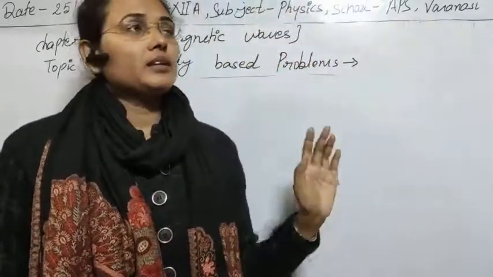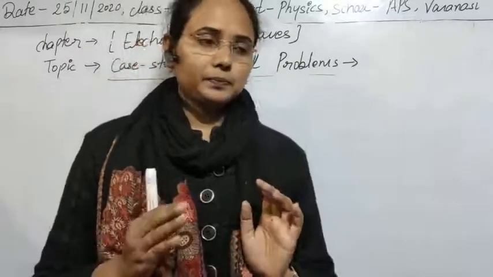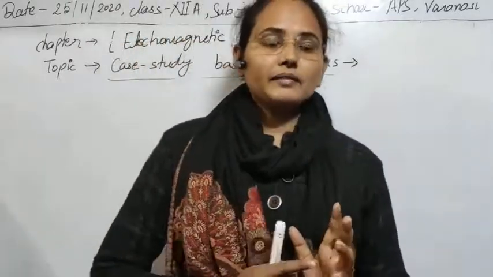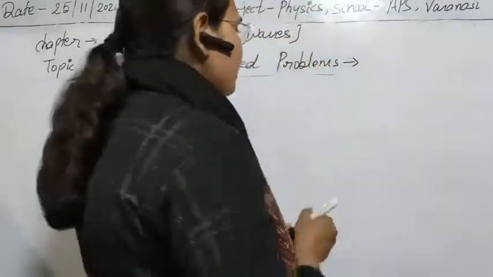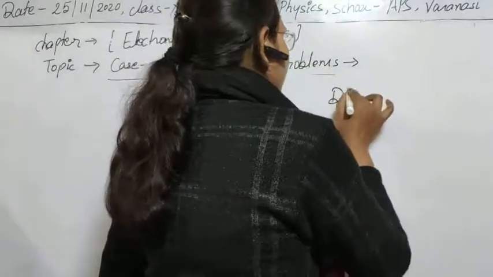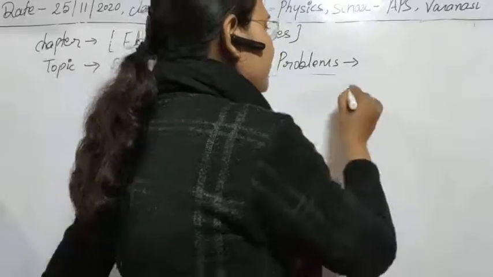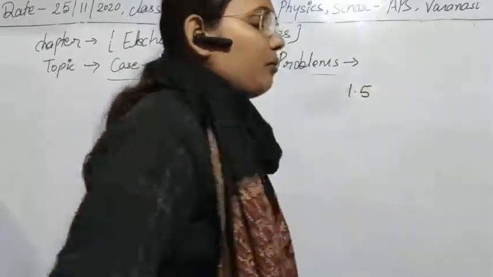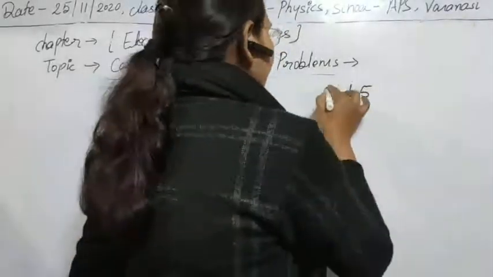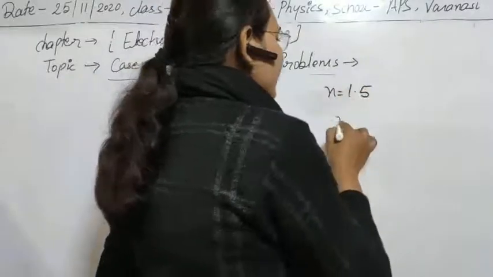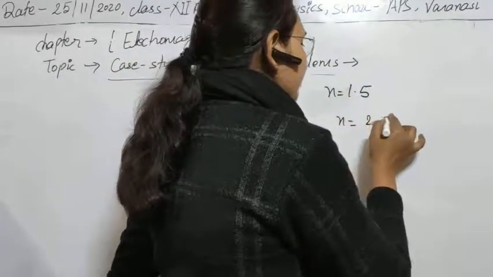Suppose the next question is that you have two media. One medium is a dielectric or any simple medium which has refractive index 1.5, and the other medium has refractive index 2.5.